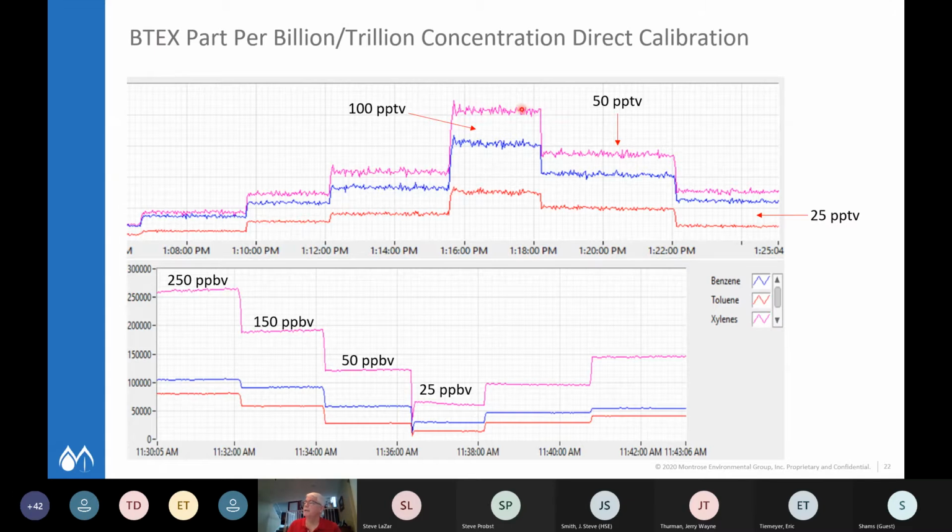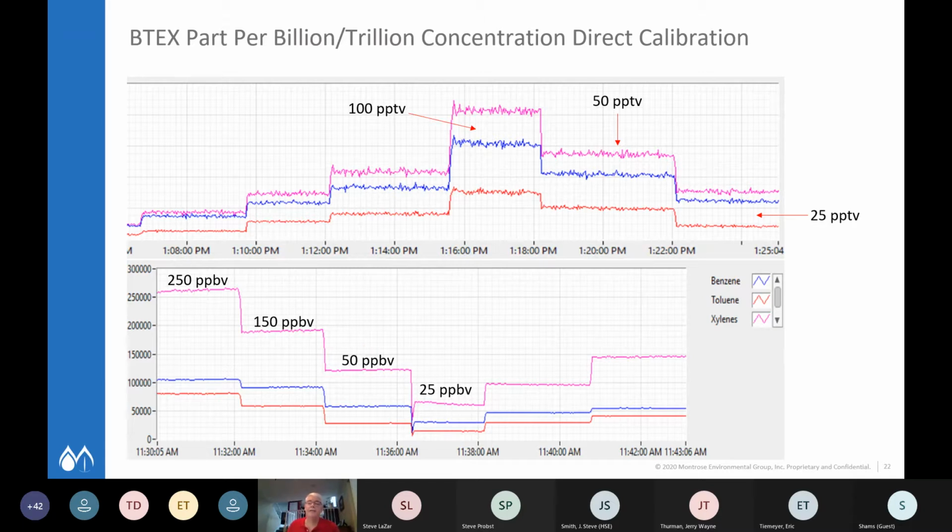Now, you do get a little bit more noise here, but this is 100 parts per trillion, 50 and 25 ppt that were generated. So great response when you turn the mode on. The only problem with using the funnel is that if you get a spike that's 50 parts per billion, you're going to saturate the system. So it's fairly rare that we use the funnel on in any kind of continuous modes. Most of the time it's in direct mode.